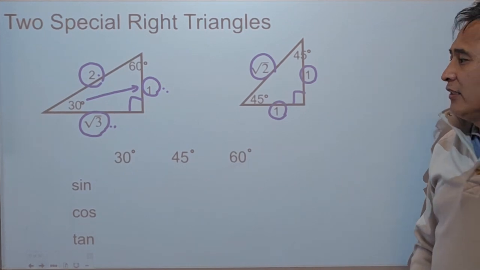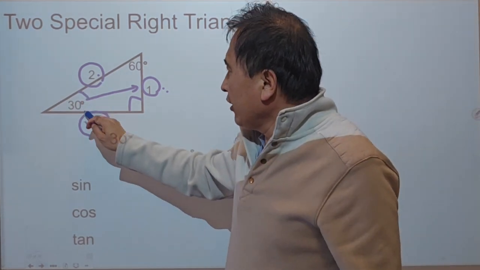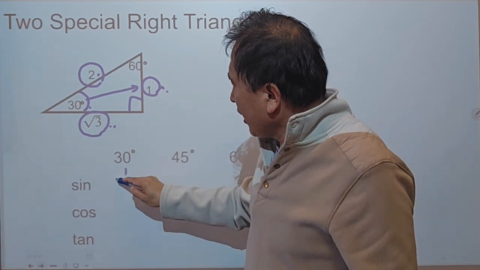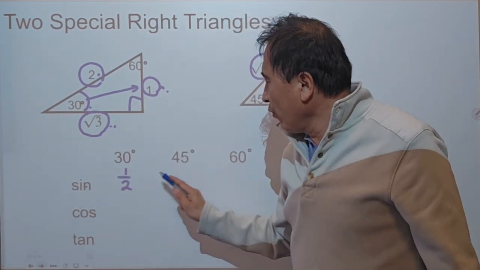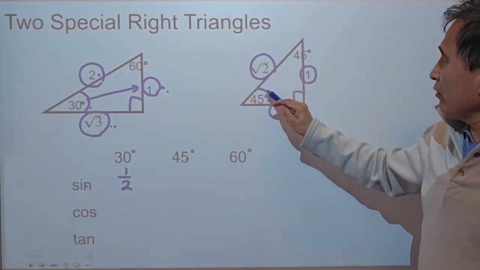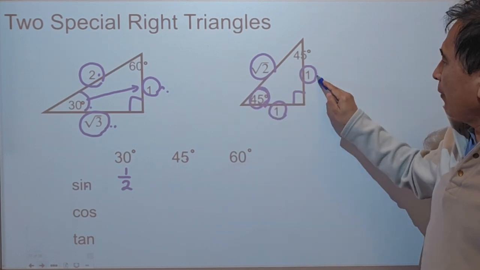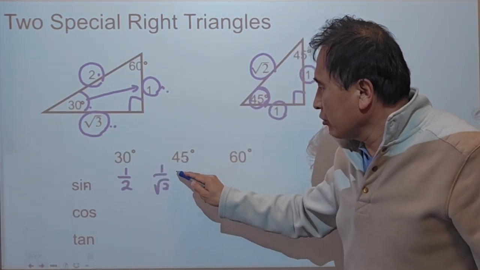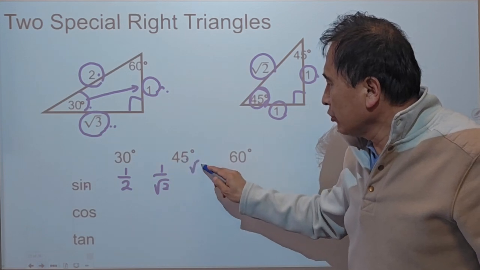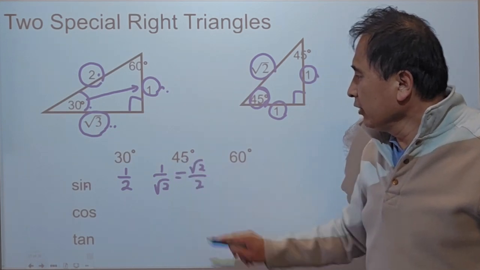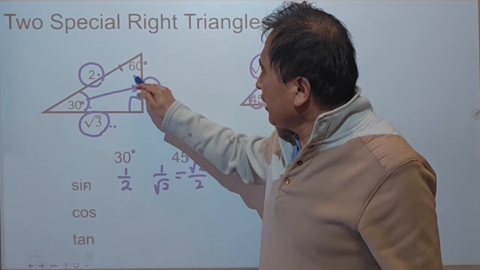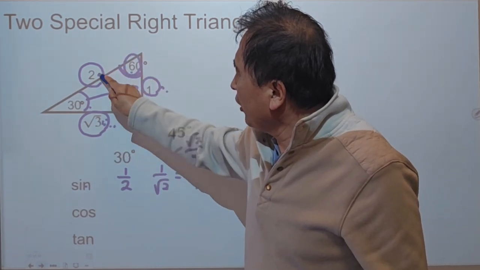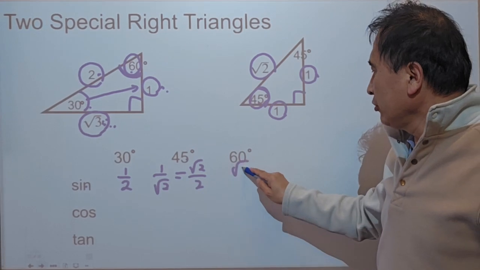With that, sine 30: for this 30 right here, the opposite is 1 and the hypotenuse is 2, so sine 30 is 1 over 2. Sine 45, you can use any angle here: opposite 1 over root 2, which rationalized, multiplying by root 2, is root 2 over 2. And sine 60, now you need to use this 60 right here: opposite is root 3, over hypotenuse 2, so root 3 over 2.